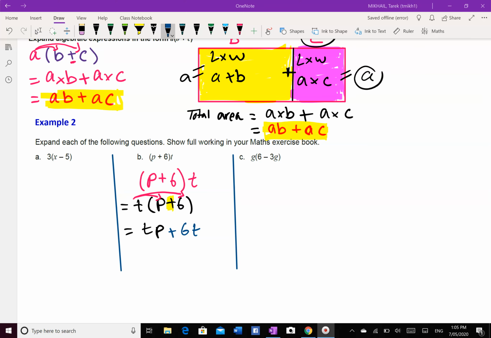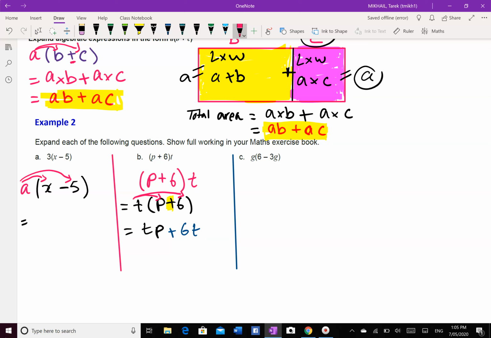Okay, Year 10. So I will do A. I will write the question first. It will be a and x minus 5. So a goes to x and a goes to 5.